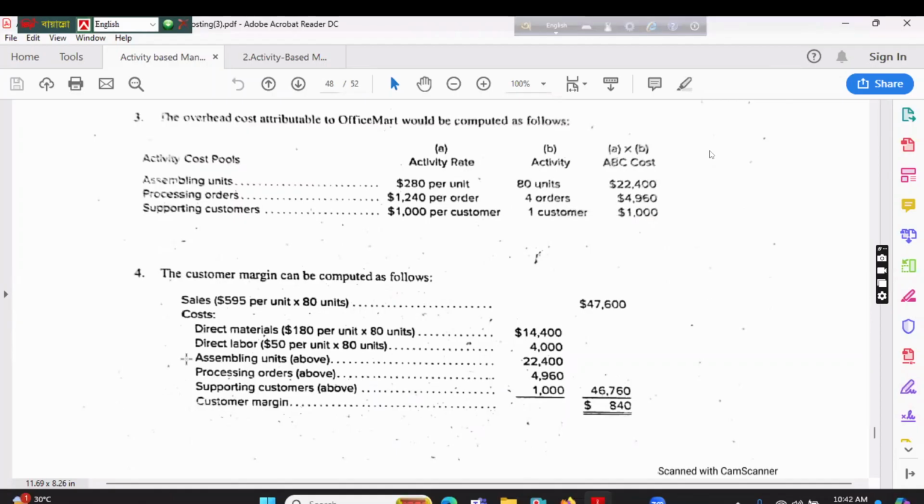This is overhead related to assembling units, overheads relating to processing orders, overheads relating to supporting customers. Revenue from a customer, cost for a customer. This is revenue from the customer, this figure is the cost for the customer, customer margin, 840.